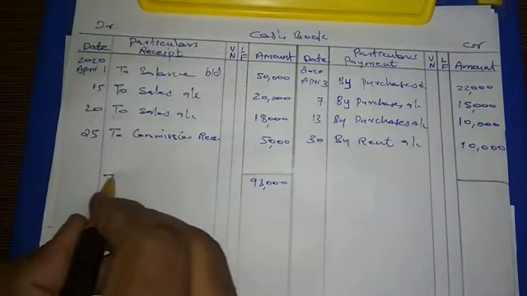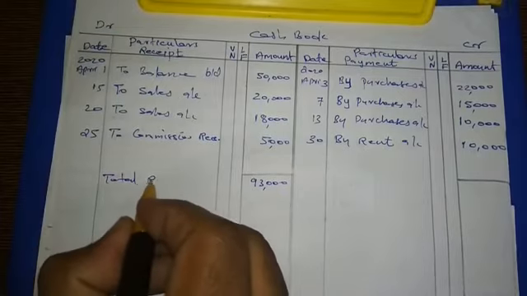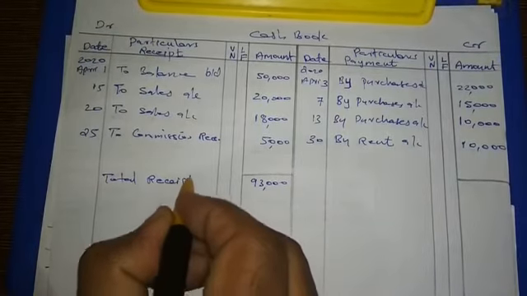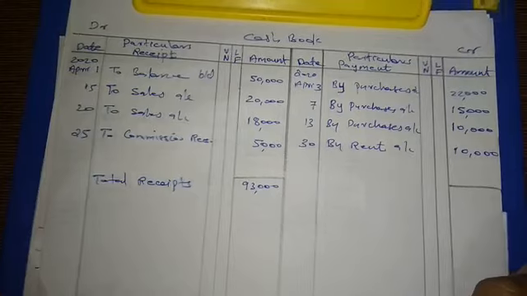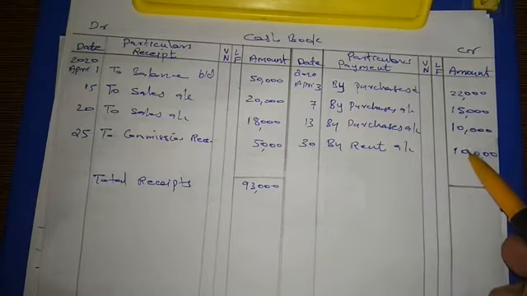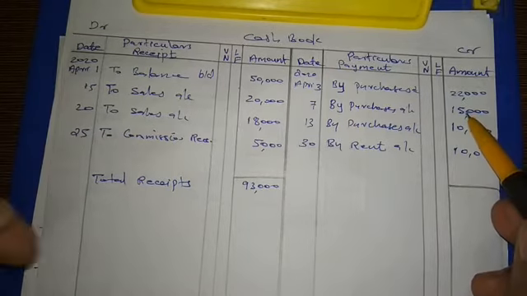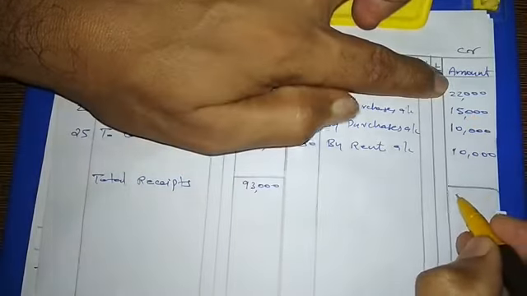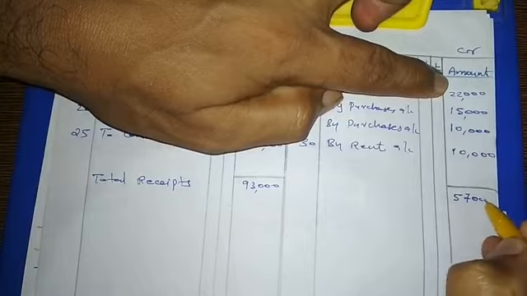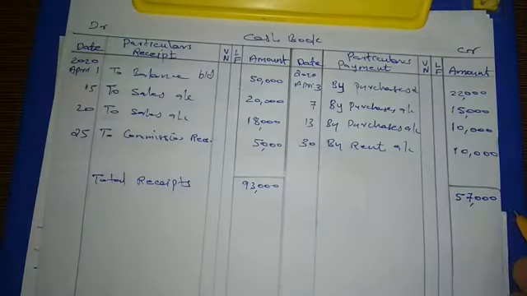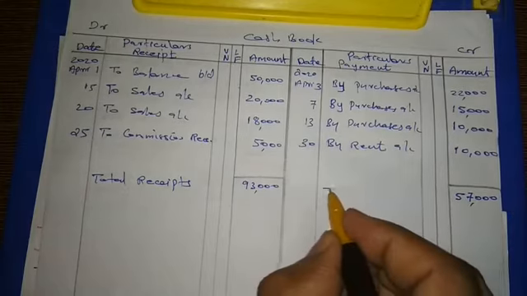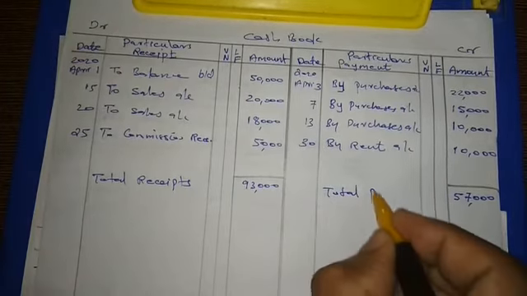This is the total receipt. And this side it is 57. Then this is the total payment.